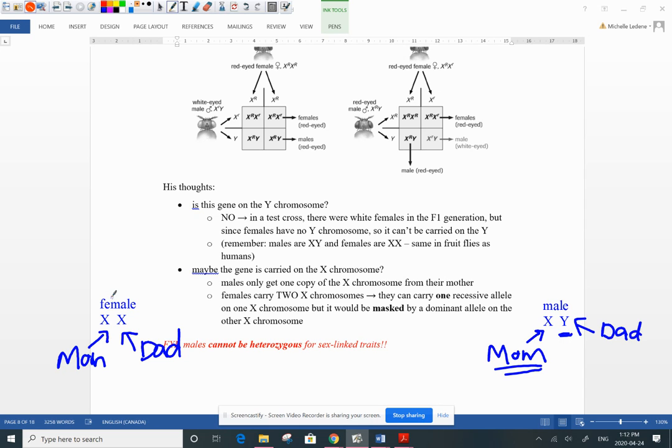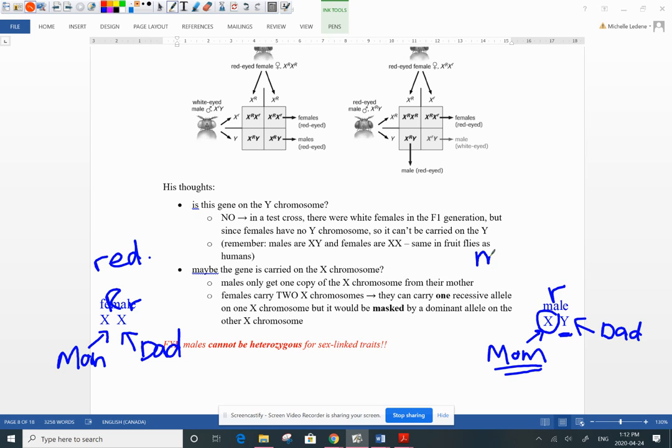So if the female had a dominant allele on one X and a recessive on the other, the dominant would mask the recessive. She'd be fine, she'd be normal, she'd have red eyes. But if the male doesn't have a second X chromosome, and he receives the recessive allele on the X, he gets the recessive trait.